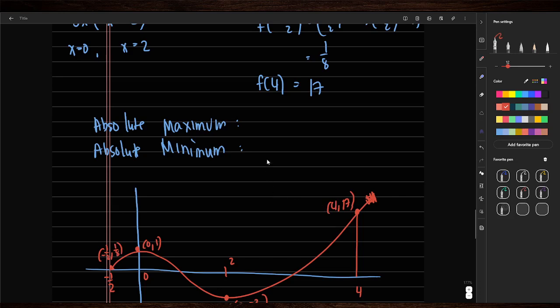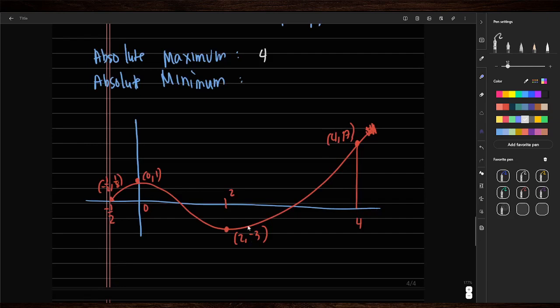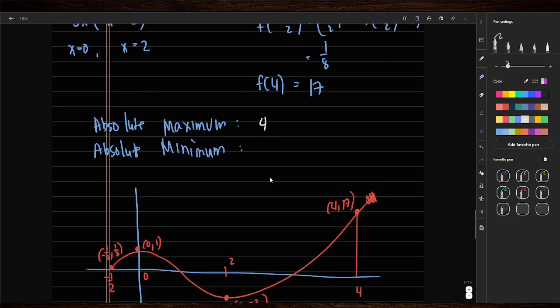So since we already know the definitions of the absolute maximum and absolute minimum, by observation, your absolute maximum is at 4, and the absolute minimum is at the critical number 2.